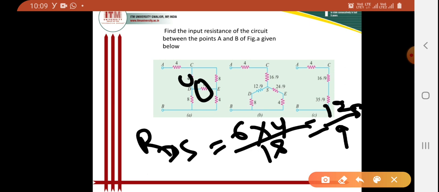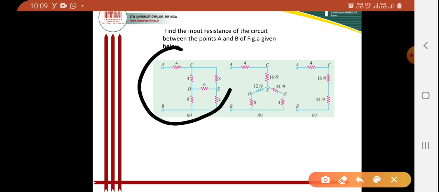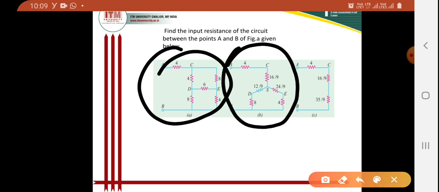So now I can modify this figure into this form. As per figure B, we can modify figure A into figure B after transforming the delta, that is CDE, into the equivalent star form. So now this is the connection. Here we have joined our star connection.